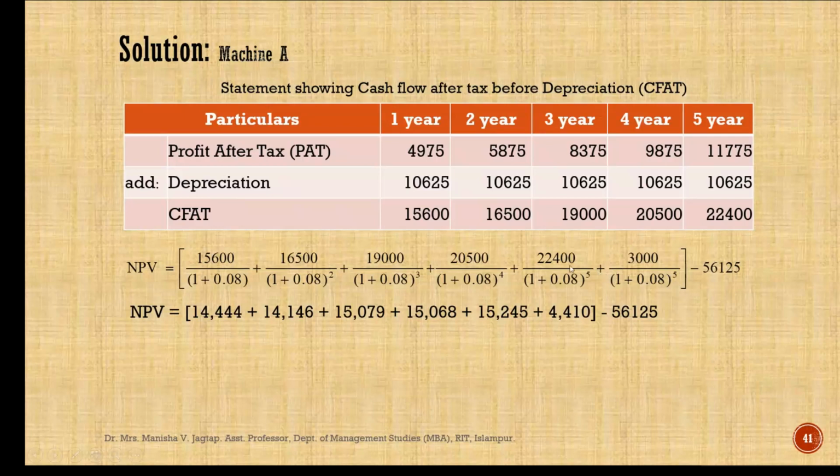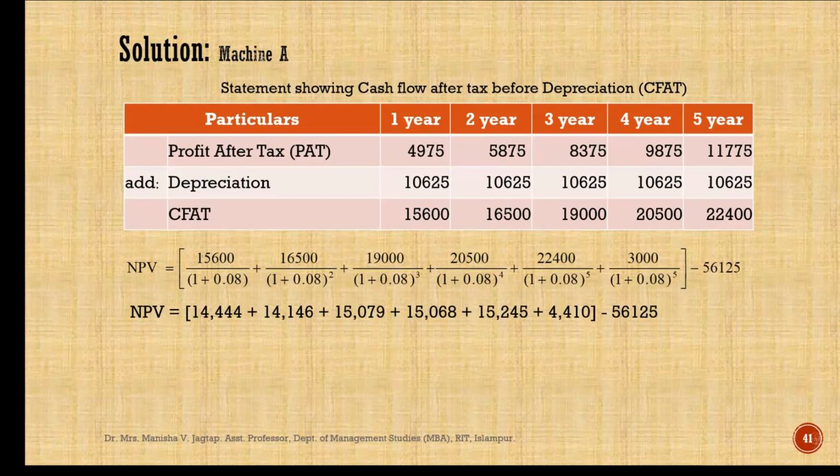Now till this we have completed the fifth year, 22,400, and in the same year, that is the fifth year, we have to consider this 3,000. This 3,000 is the salvage value of an asset. We have to consider the same while calculating the net present value of the asset.